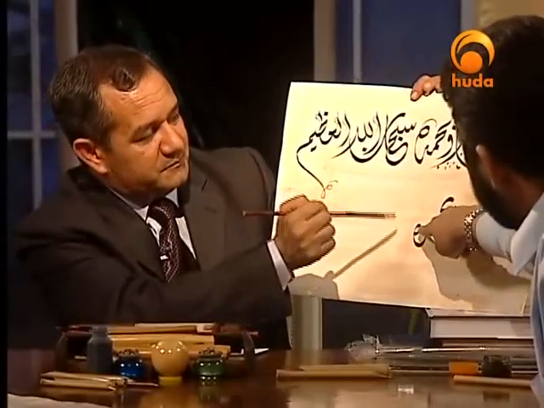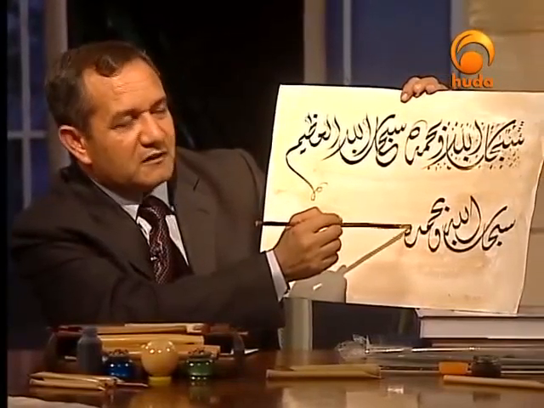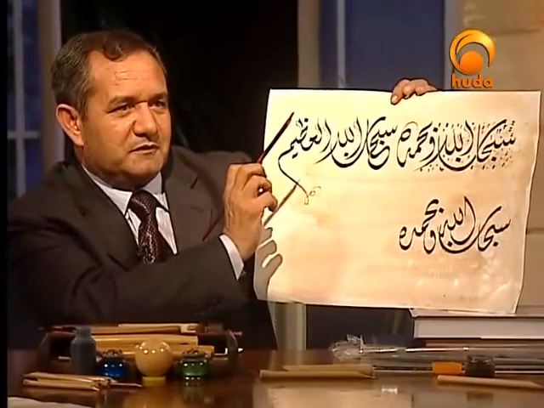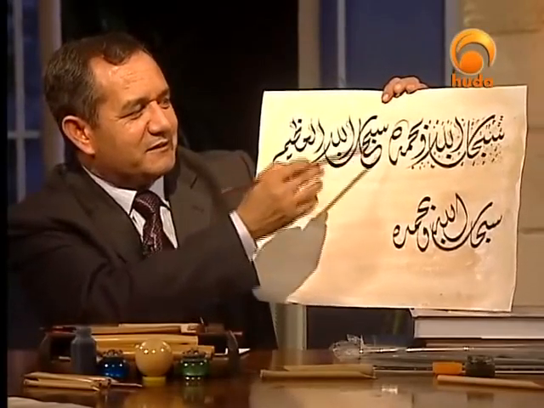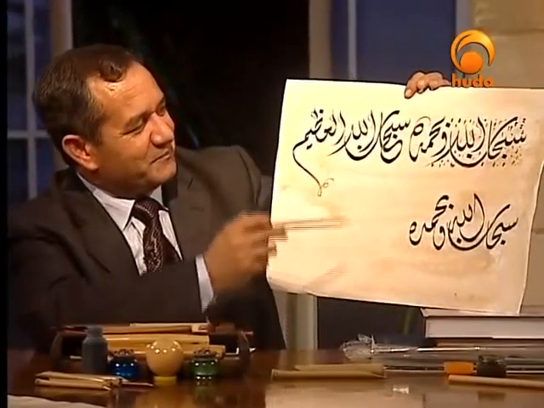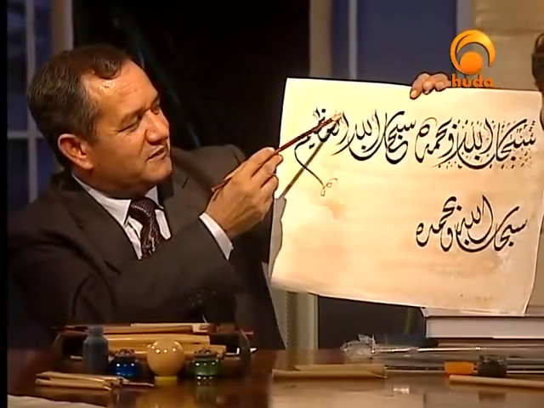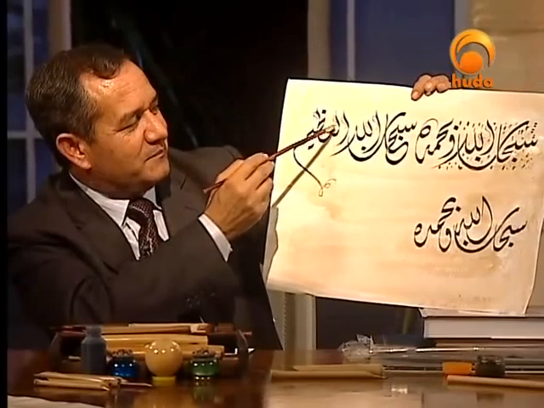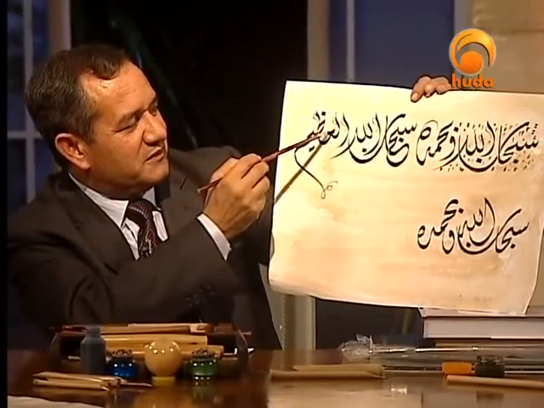Yes. Also the Ha. The Ha letter here is different. Yes, here it is a little bit serious. Yes. But this one is a little bit playing and moving more. Funny. Yeah, yeah. Here also I can see the Alif Lam with its decoration.